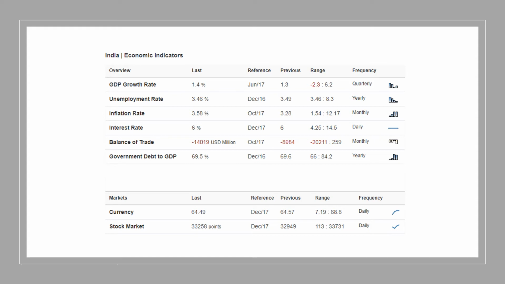GDP growth rate, inflation rate, balance of trade, but you're also going to have some very specific numbers that might help you out. For example, many countries keep a statistic on new car sales, or they keep a statistic on consumer confidence, or they keep records on oil production. All of these can help you out.